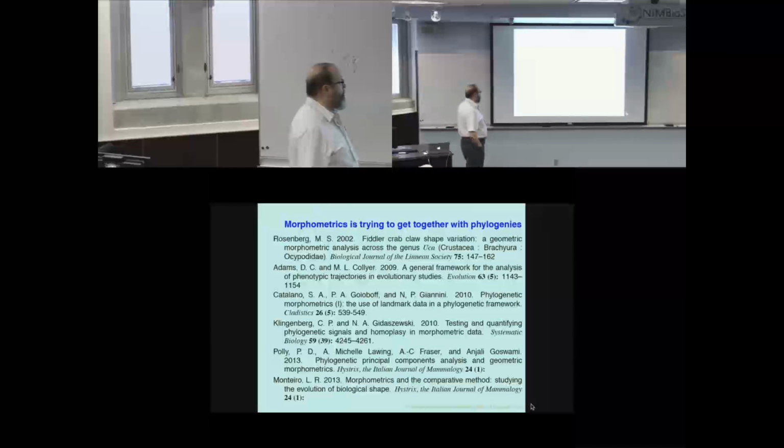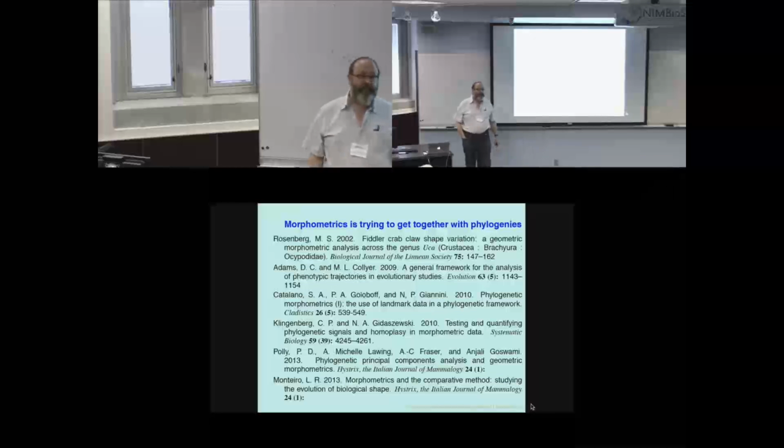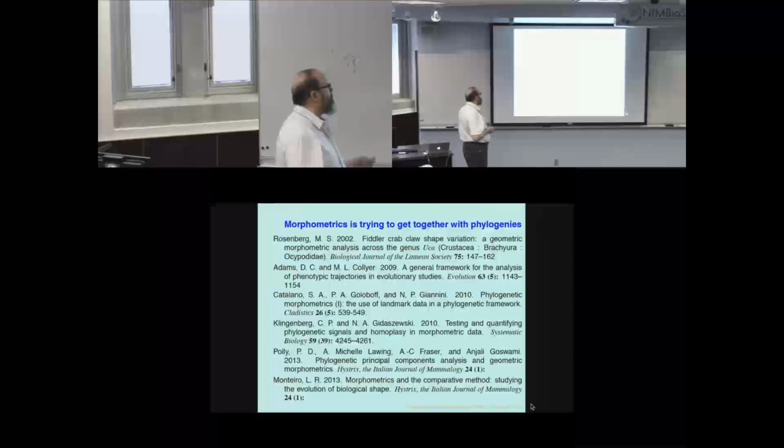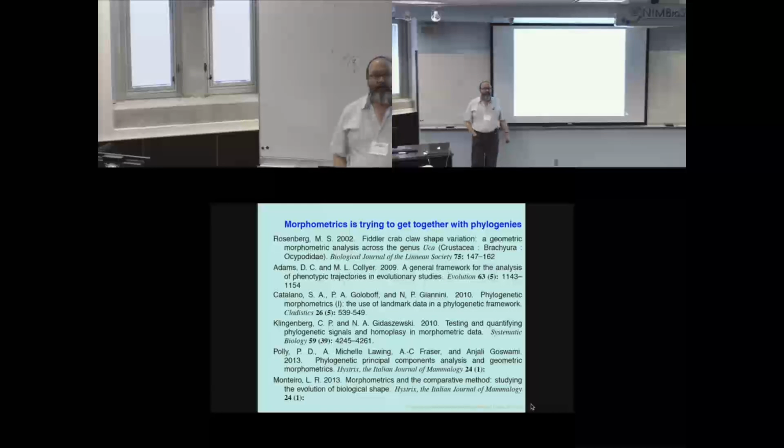The other thing that morphometricians have started to do is that in the 90s, all the methods were treating each specimen as independent, identically distributed. Whenever they tried to analyze what changes of form there had been, there were no phylogenies around. Now they've started doing them. The first papers on doing morphometrics on phylogenies include work by Michael Rosenberg and Dean Adams, and the earliest work is in early 2000s, and then it starts to gain a little bit.